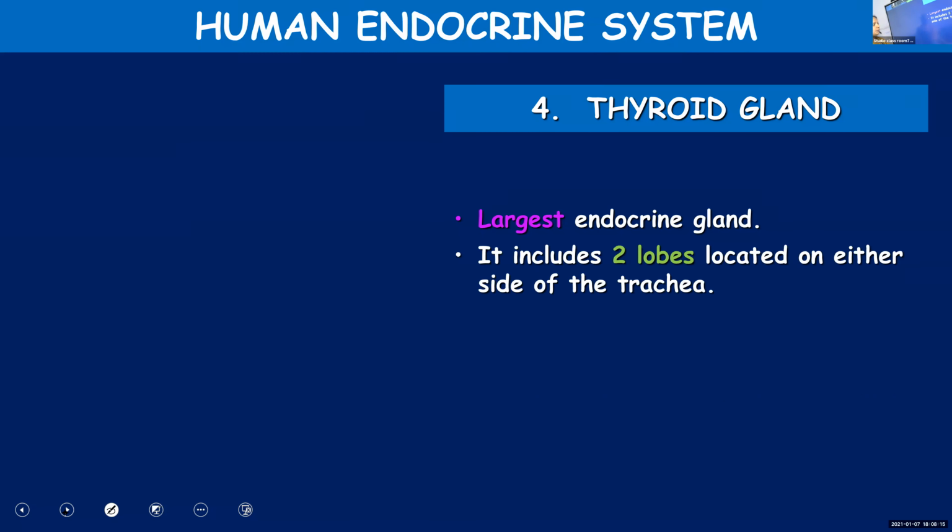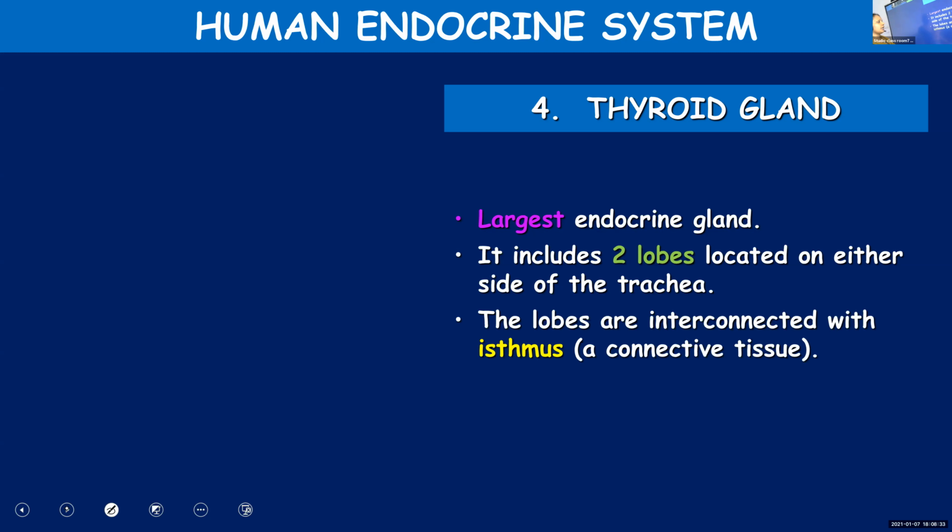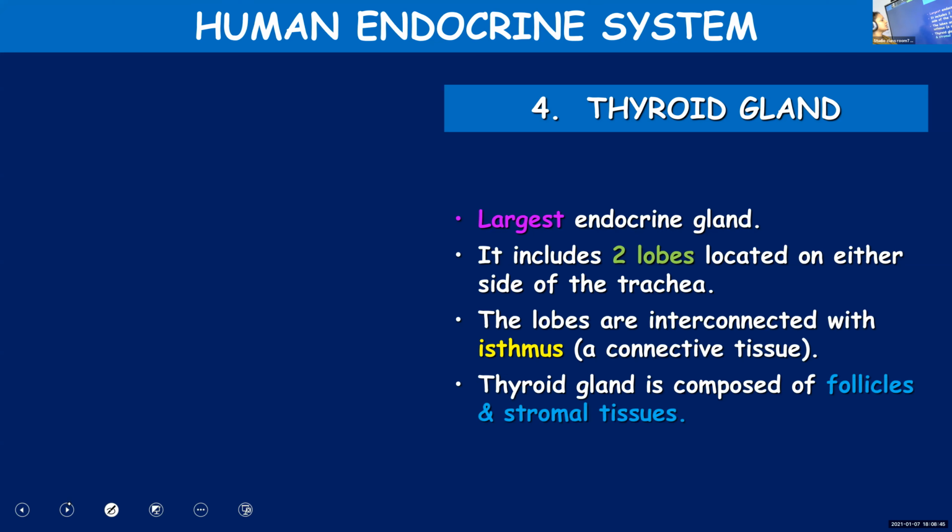Thyroid gland has two lobes, situated on either side of the trachea, the windpipe. Even though there are two lobes, they are interconnected by a connective tissue known as the isthmus. So the isthmus is the connective tissue that interconnects the two lobes of the thyroid gland.